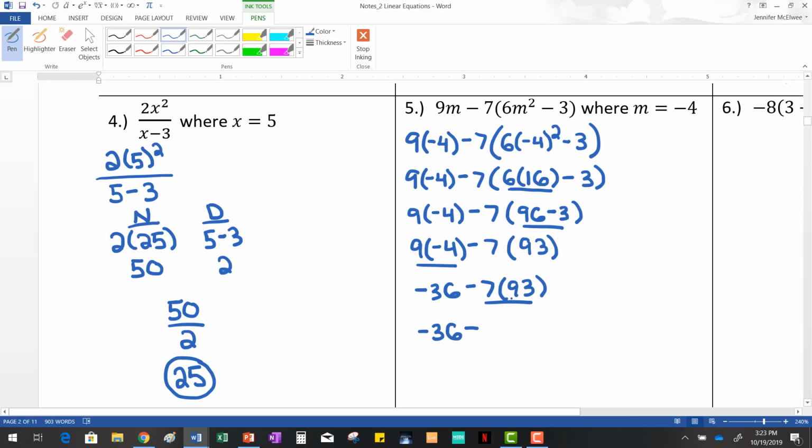All right, so 7 times 93, 651. Lastly, negative 36 minus 651, still going to be negative. So it is negative 687.